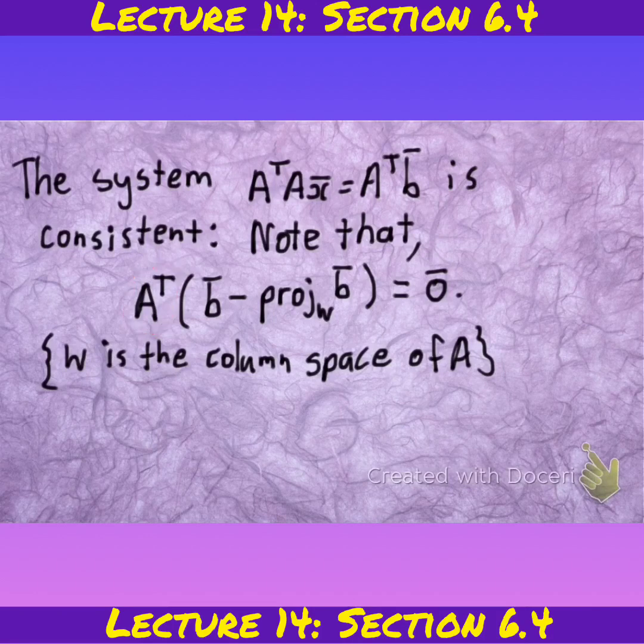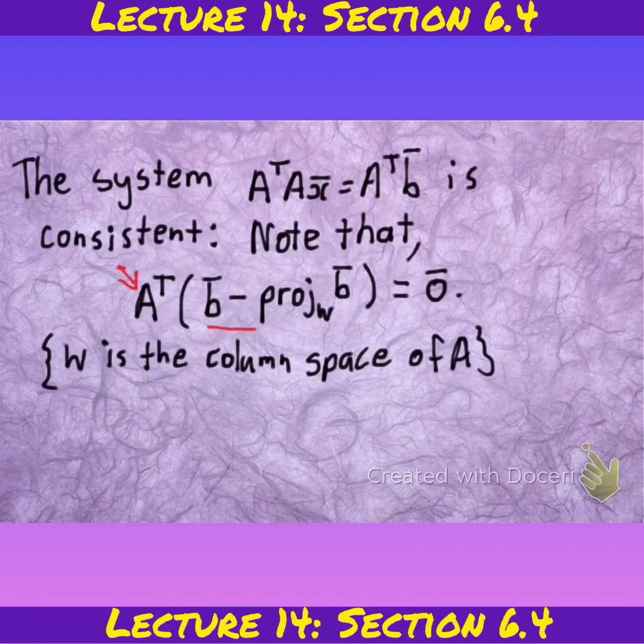And so when you multiply this out, you're going to take the first row of A's transpose, which is the first column of A, and multiply it with this vector.